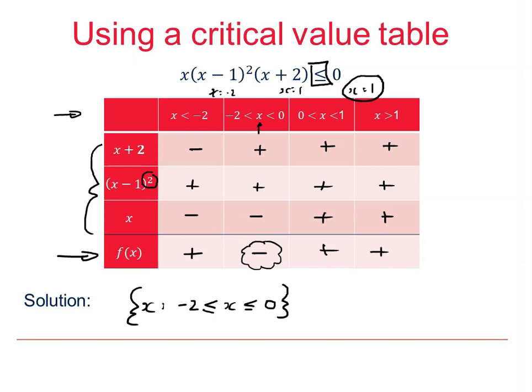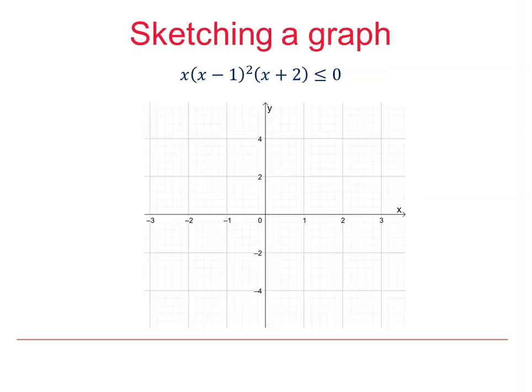So we must also have union with the set of values x such that x is equal to 1. Now with polynomials like this, it is also possible to sketch a graph quite straightforwardly, so I'll consider that on the next graph, and it might be a little bit clearer why we get these particular solutions.